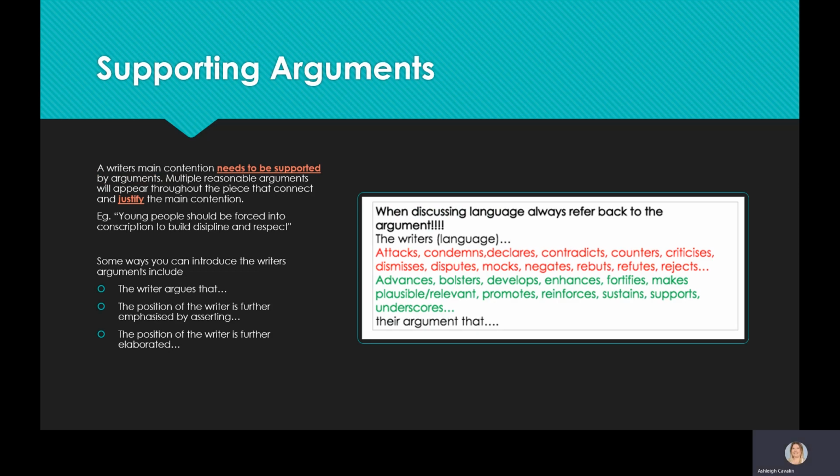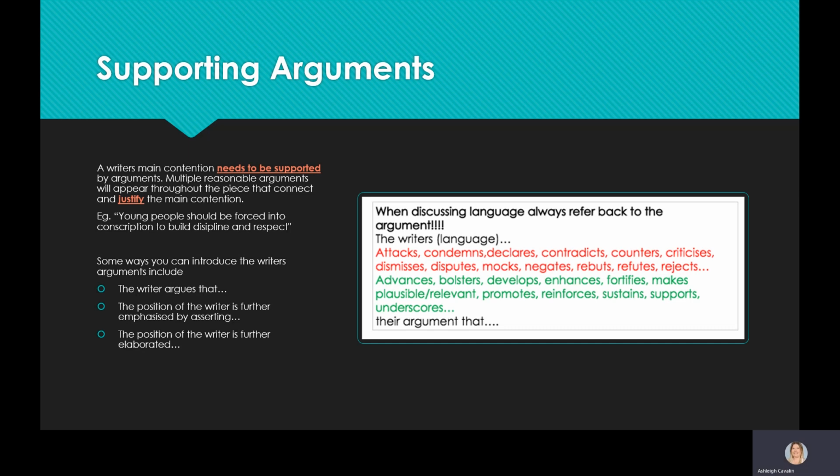Let's look at supporting arguments. So a writer's contention needs to be supported by arguments. These are multiple reasonable points that appear throughout the piece. They connect and justify the main contention. I like to think of this as the writer's reasons for their belief.